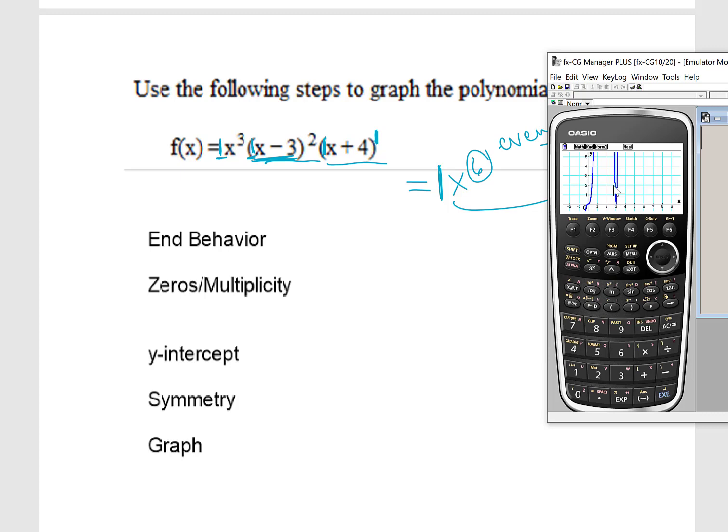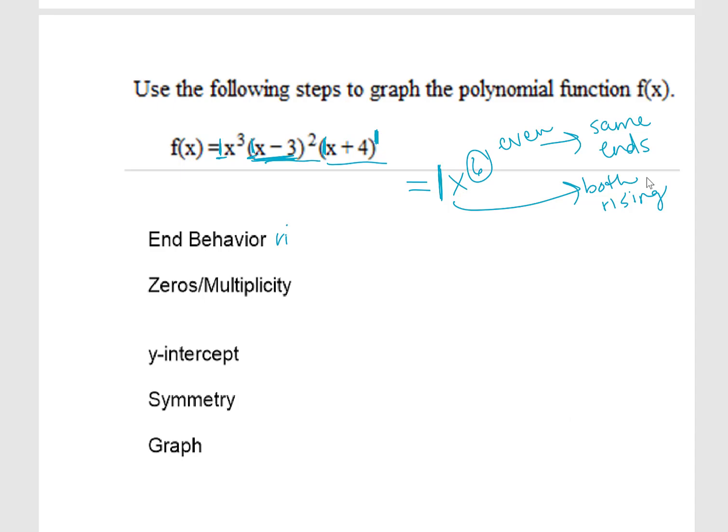So if I only saw that, I'd be like, oh, my left tail is falling and my right tail is rising, right? Well, that's not accurate because we have a portion over there, right? So end behavior rises left, rises right.